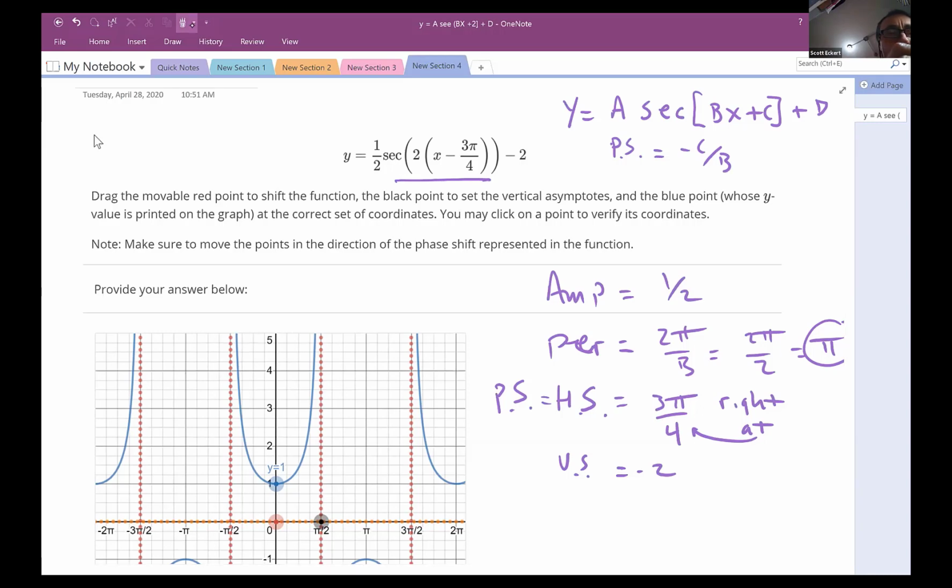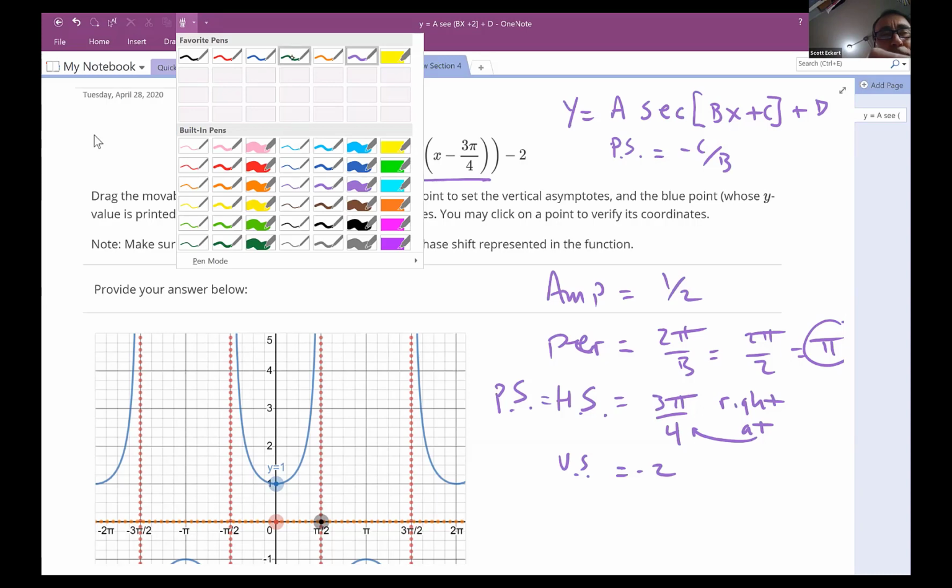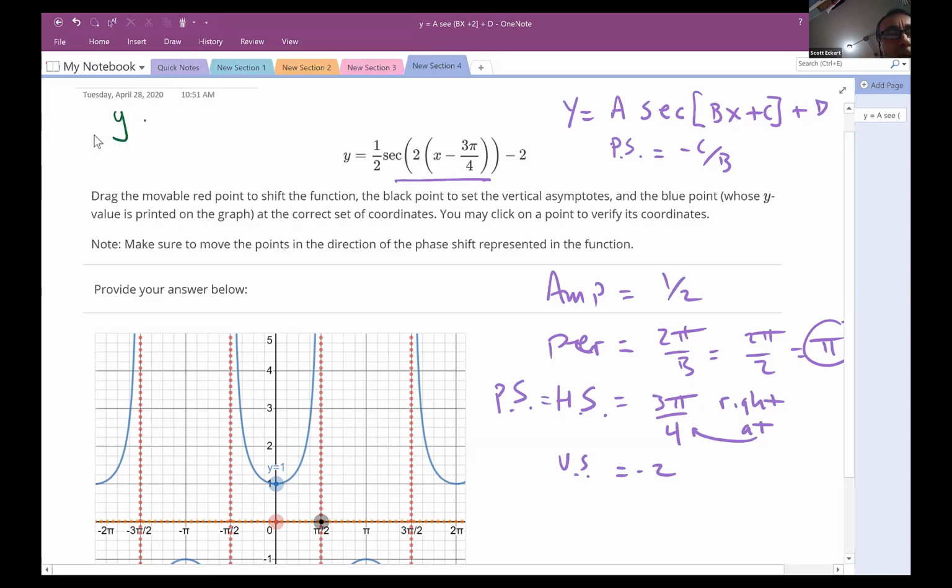There is another form of this equation that's factored. y equals a secant of b, but b is factored outside. And then once it's factored outside, I'm going to call it something different. This number, h, is my horizontal shift.